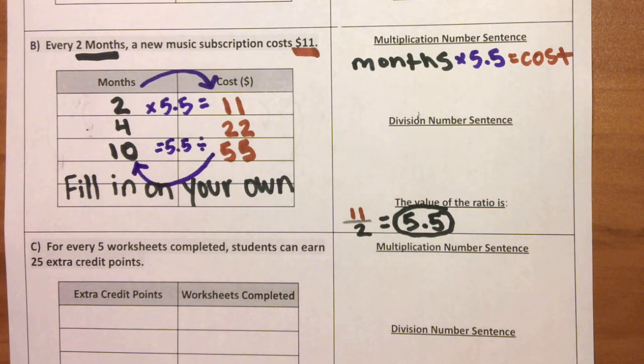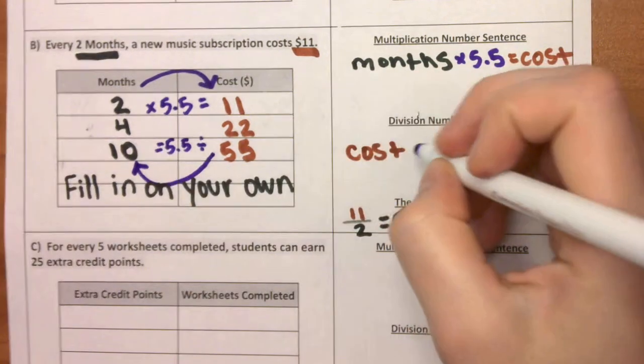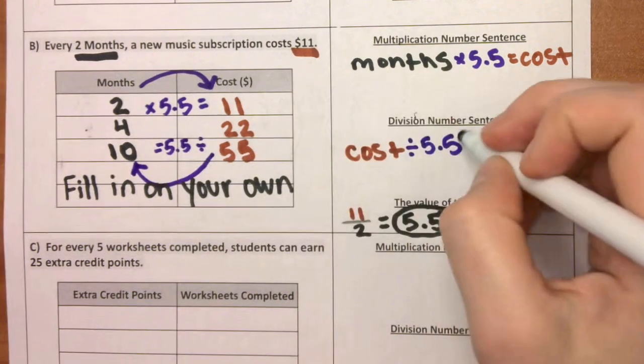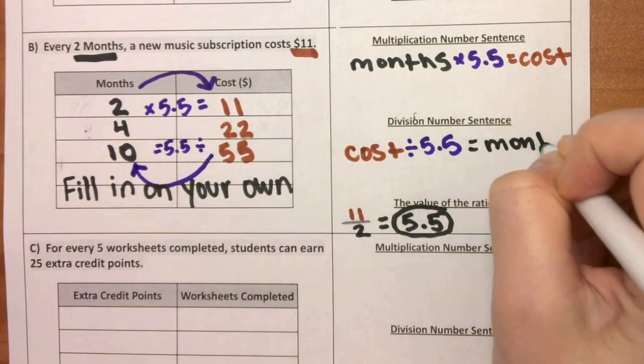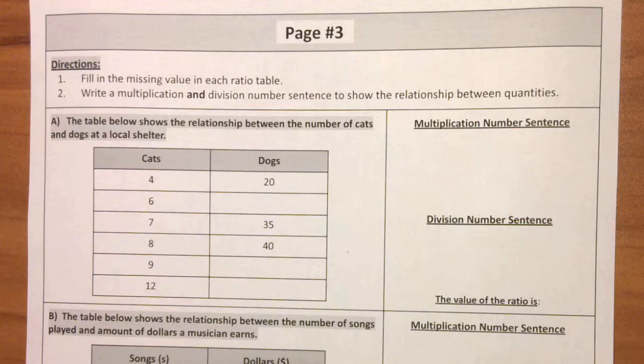So now we'll write the reverse. Cost divided by 5 5/10 equals our number of months. And I'll let you write an example beneath that from your ratio table. Go ahead and complete the rest of page 2, then come back to the video.